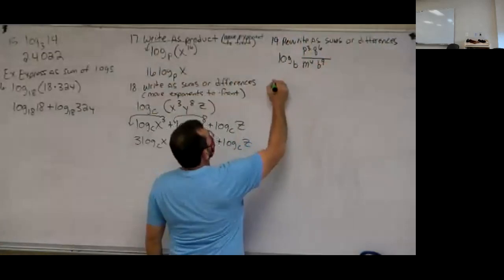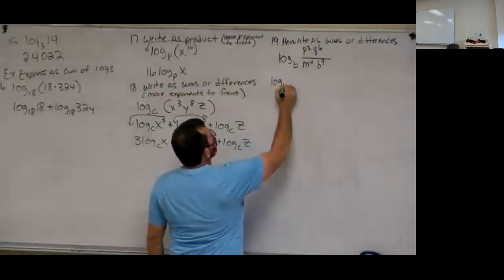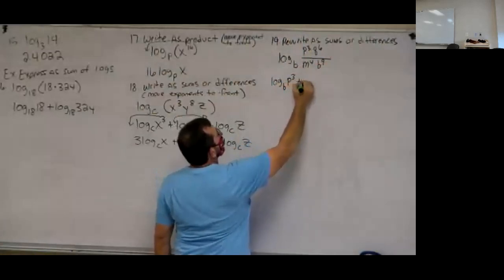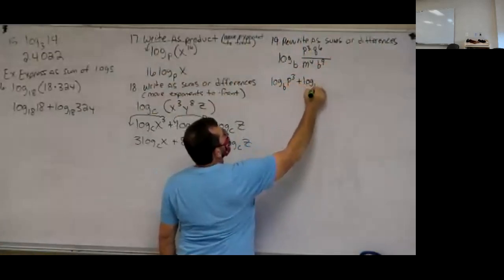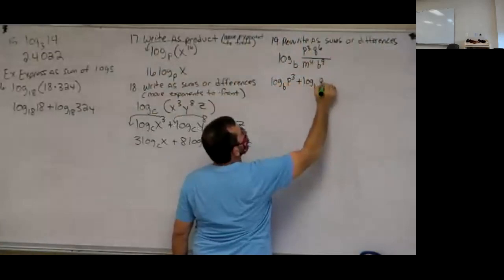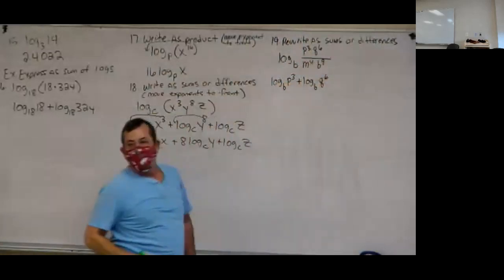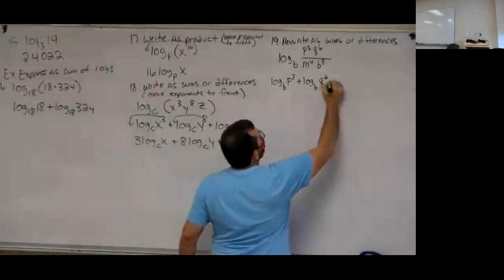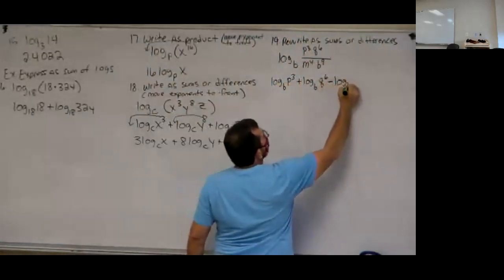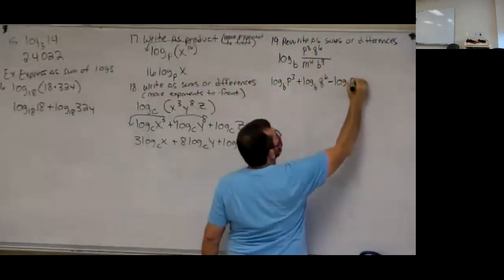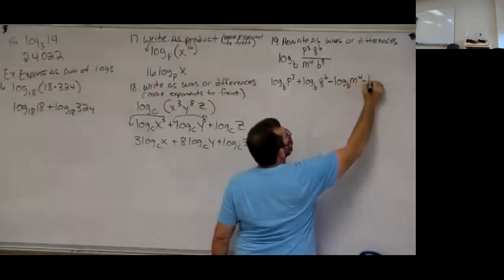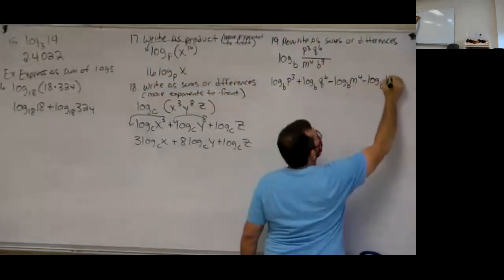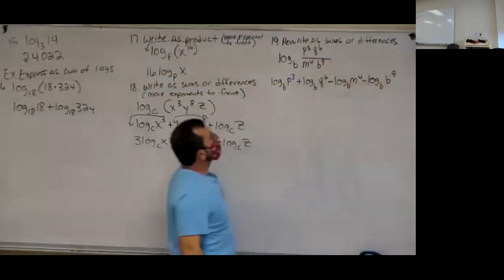All right, y'all, so here we go. We're going to have a log base B of P to the third, because it's on top, minus a log base B of M to the 4th, minus a log base B of B to the 9th.